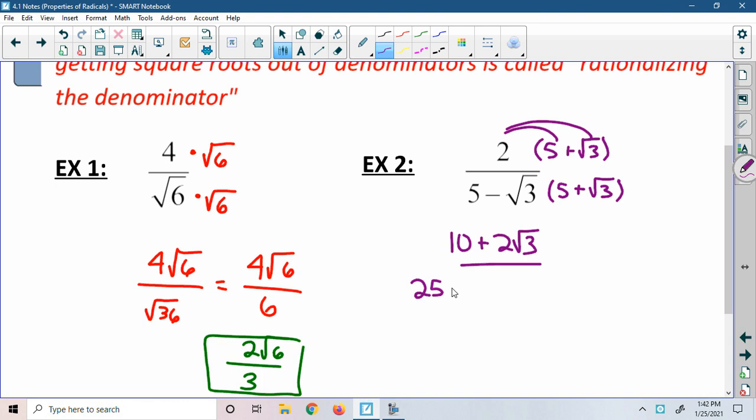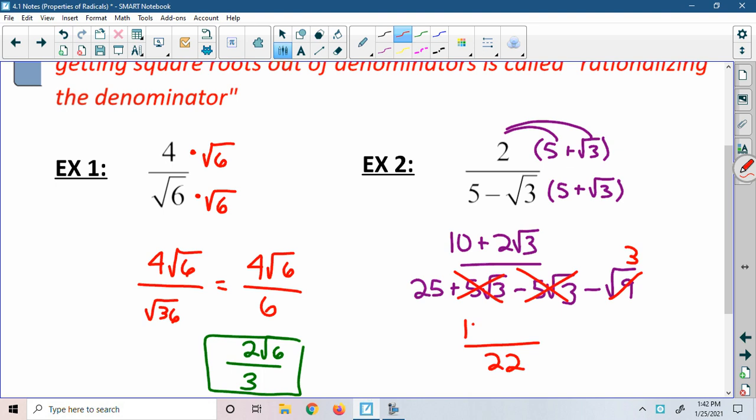First, outside, inside, and last will be minus square root of 9. Like we saw before with conjugates, these middle terms should cancel out if you've done everything right. The square root of 9 we just know is 3. So on the bottom, all we have left is 25 minus that 3, 22.